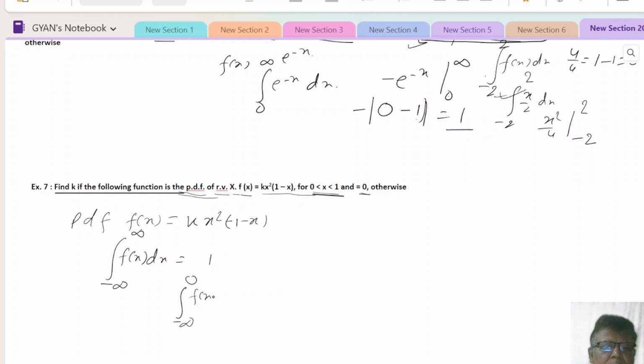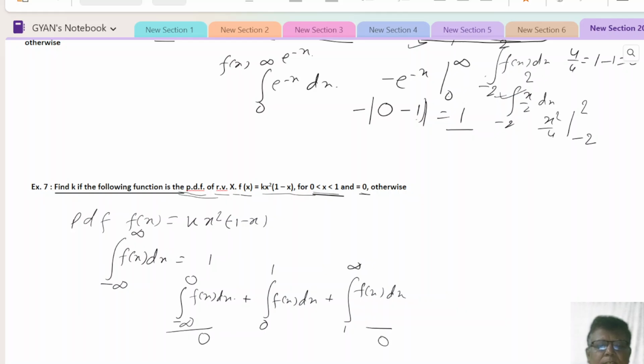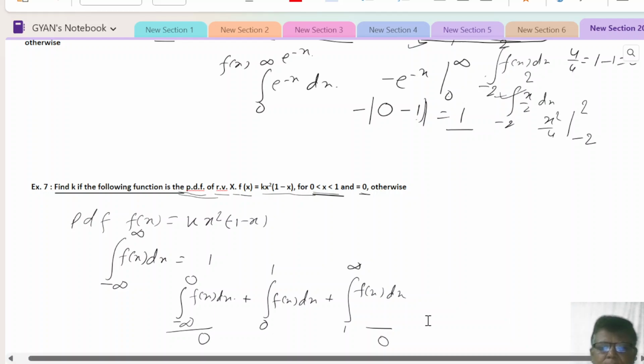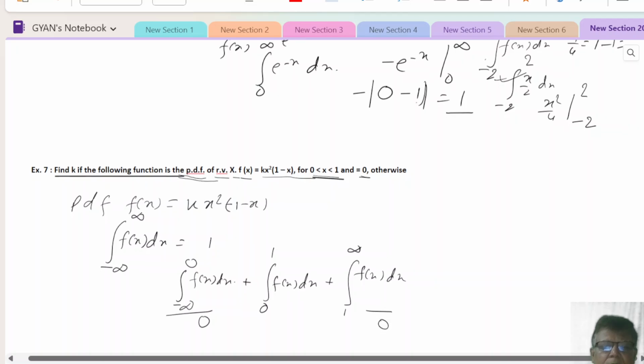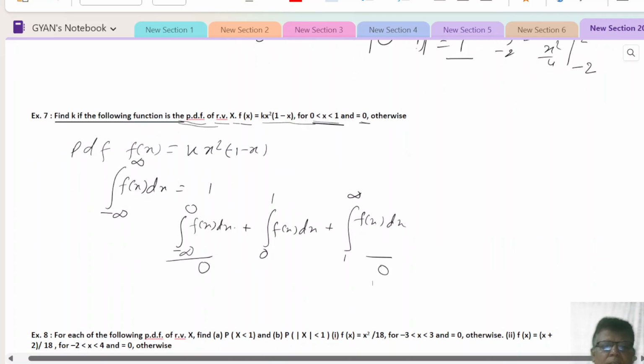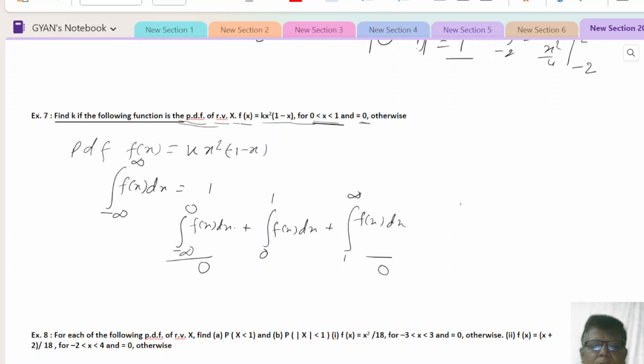0 of f(x) dx plus 0 to 1 of f(x) dx plus 1 to infinity of f(x) dx. This will be 0, and this will be 0. So only this we have to find out.